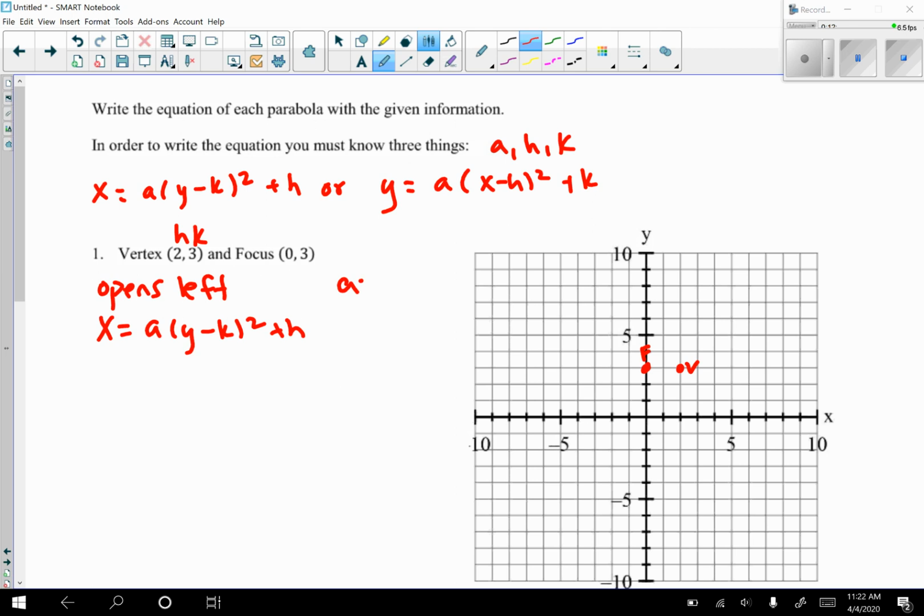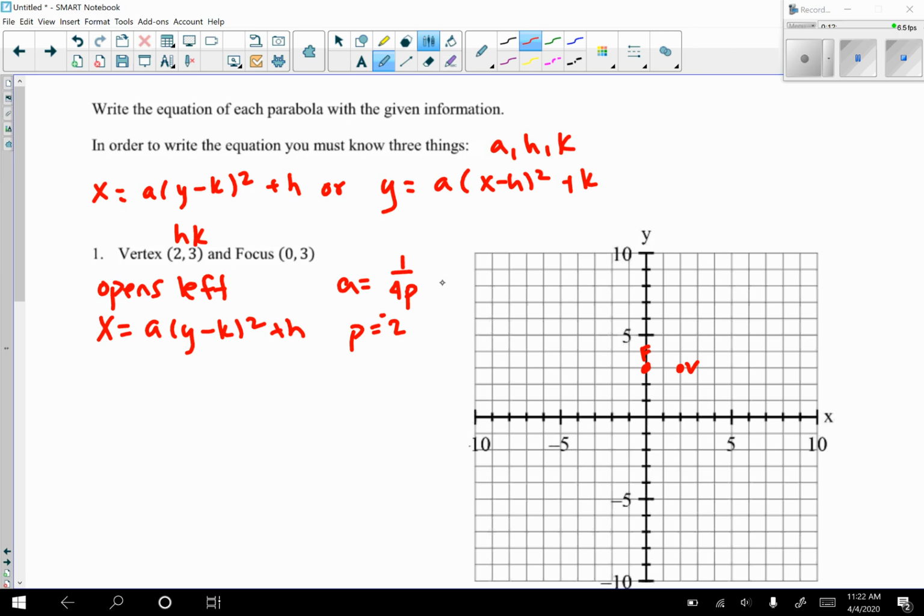Remember, the a value is equal to 1 over 4 times p. Recall that p is the distance from the focus to the vertex and also from the vertex to the directrix. And you can actually count on your graph. The distance here is 1, 2. That means our p value is equal to 2, so we can use that to solve for a. Because it's opening left, if you want to use -2 for your p value, that's fine.